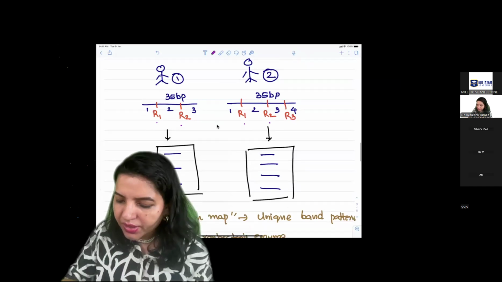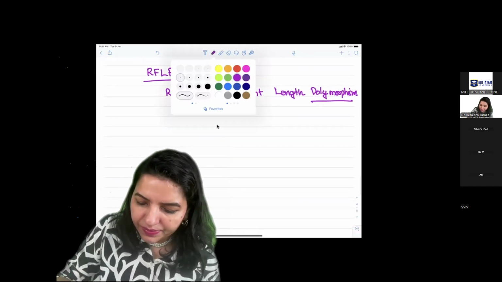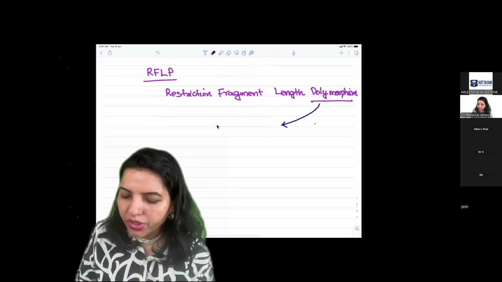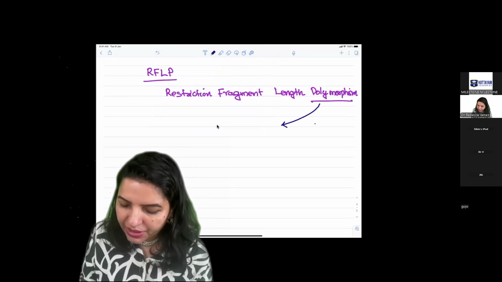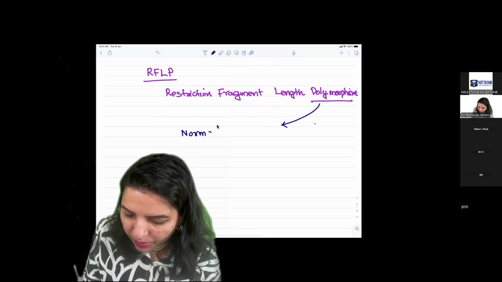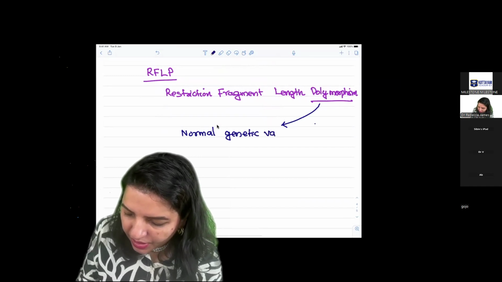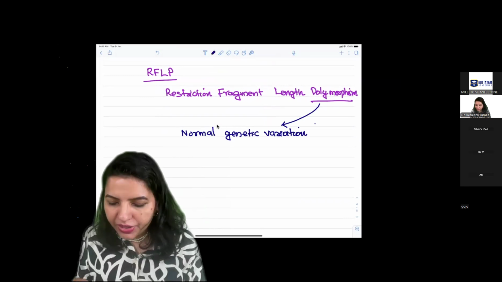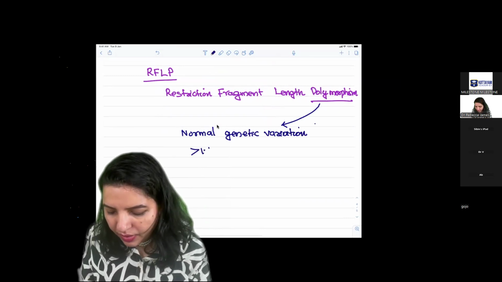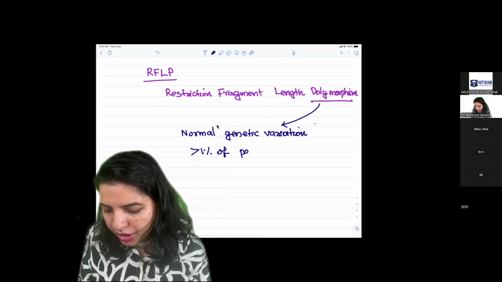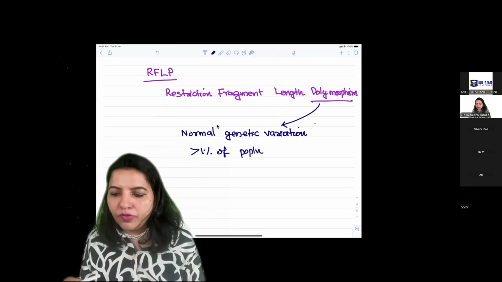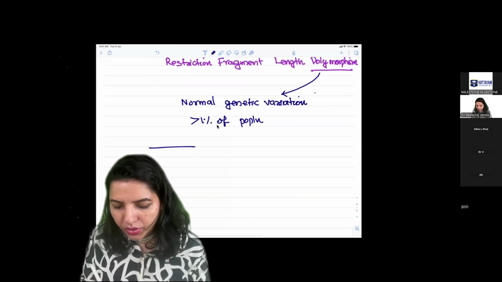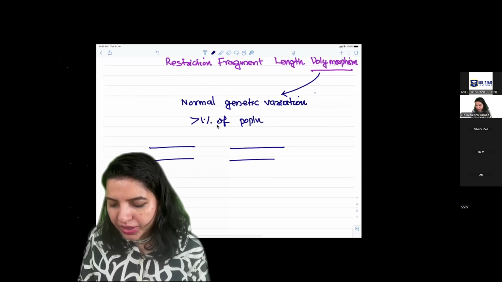Okay, so what is called polymorphism? I'll just explain this. Polymorphism means normal genetic variation. This is not abnormal, which is present in more than 1% of population. For example, this is one person's DNA, this is another person's DNA. DNA of number 1, DNA of number 2.